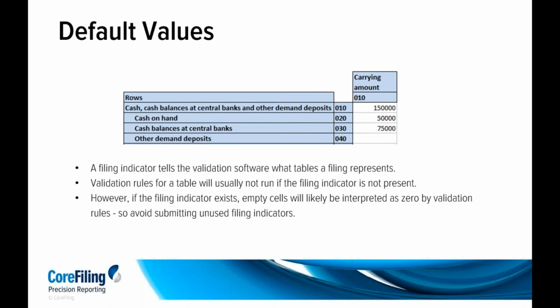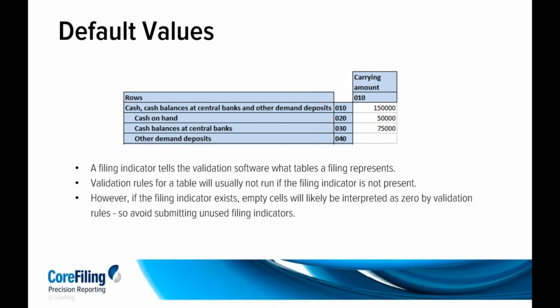So moving on to default values. XBRL formula will usually assume that a cell that is left blank is 0. And most of the time this will be fine. But I just wanted to mention the use of filing indicators in Solvency 2 and CRD4.